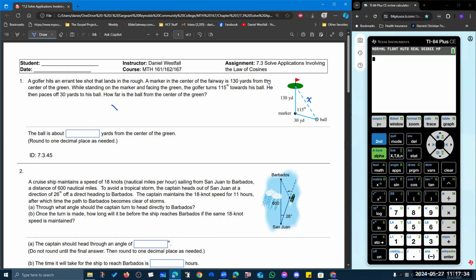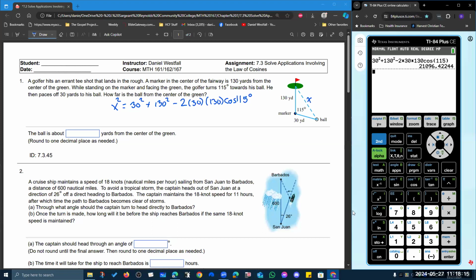So we have x squared equals 30 squared plus 130 squared minus 2 times 30 times 130 times cosine of 115 degrees. 30 squared plus 130 squared minus 2 times 30 times 130 cosine of 115 degrees.